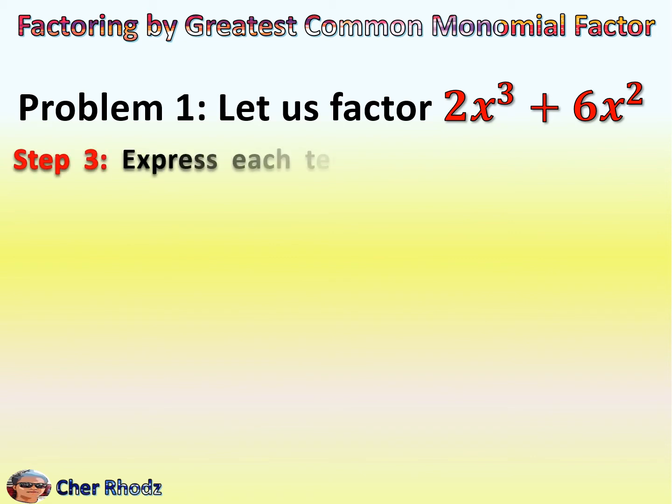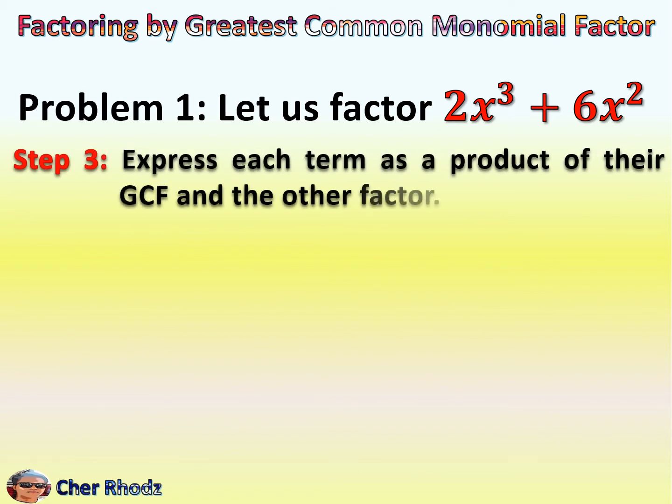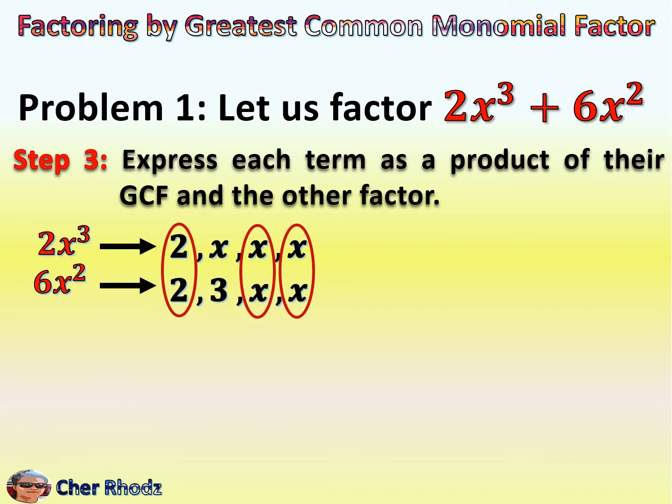Step 3. Express each term as a product of the greatest common factor and the other factor. We now have the result of our second step, and the GCF of 2x cubed and 6x squared is 2x squared. So, we are now ready to express each term as the product of their GCF and the other factor.